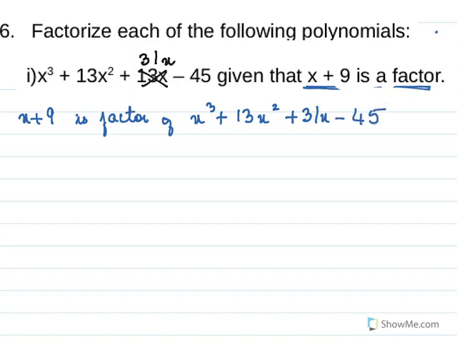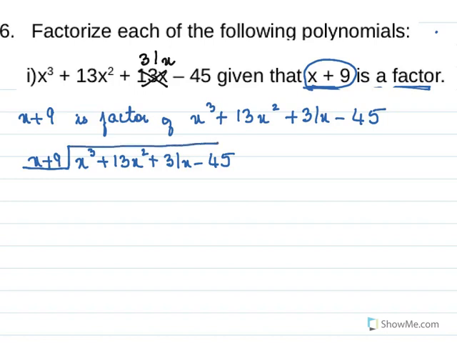Now since x plus 9 is a factor, to find the other factor we divide. The polynomial is x cubed plus 13x square plus 31x minus 45. We divide it by x plus 9 to find the other factor. Again, as in all the other sums, what we get on the top here is the other factor.